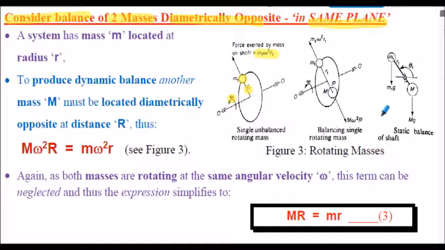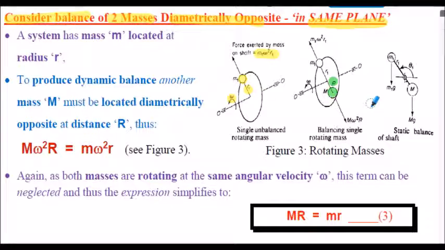What we're going to try and do is balance that outward force by an equal and opposite force by putting a mass, at some radius, diametrically opposite the original mass. They've called the original mass little m and the original radius little r, and in this notation the balancing mass is big M and the balancing radius is capital R.